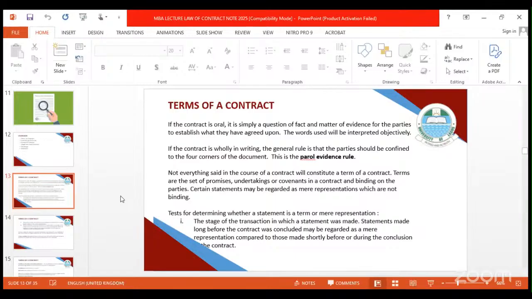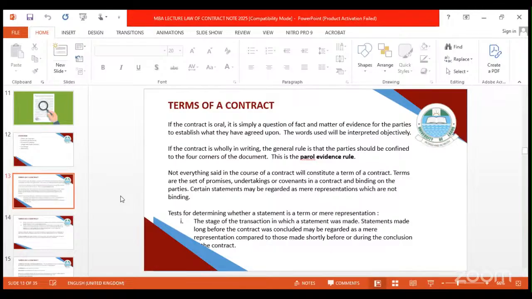Now the first sentence is talking about a situation whereby the terms of the contract are contained in an oral agreement. Where parties make an oral agreement and you were to construe the terms of it, the question is always as to whether one can see it when it's in writing.